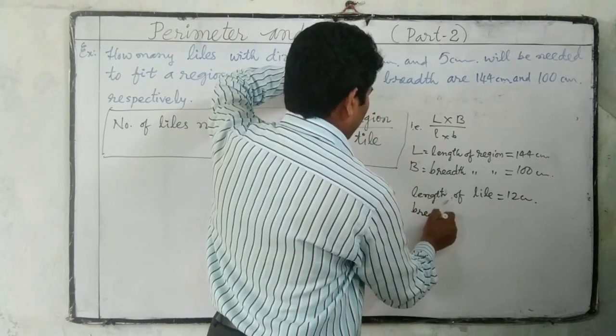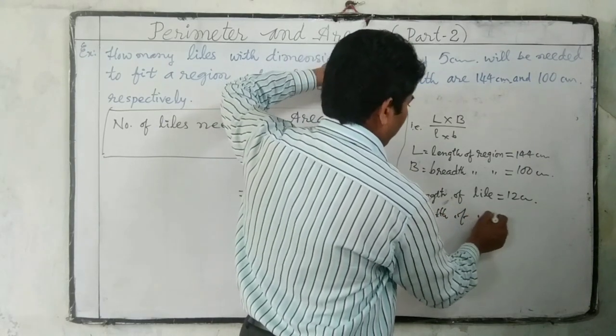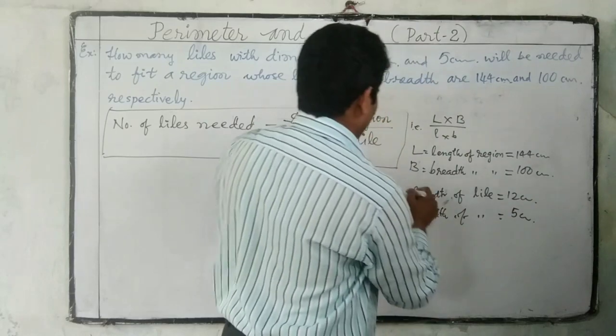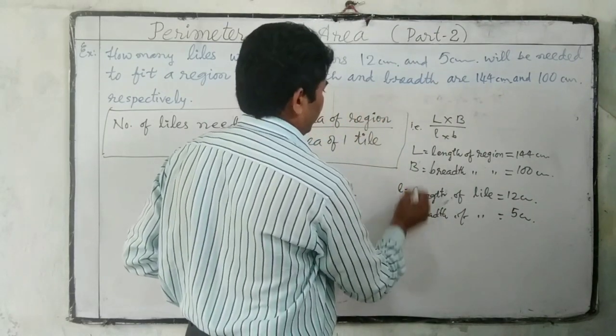Breadth of tile is equal to 5 centimeters. So this is small l, small b.